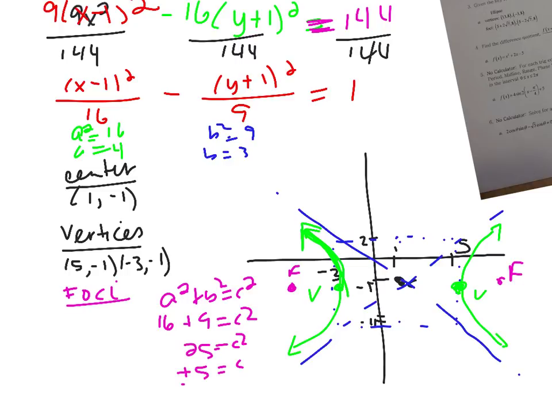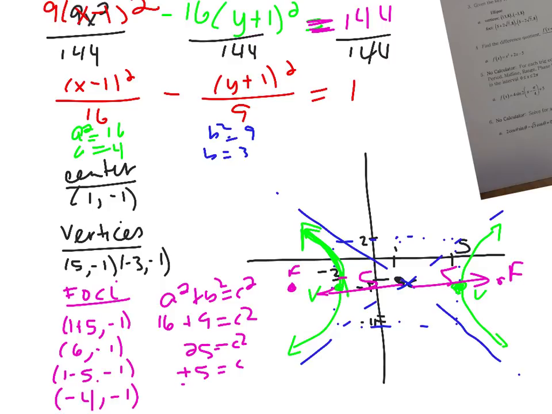So we're going to the right, 5 from the center, and to the left, 5 from the center. So we are changing the x. So you can actually find these foci because they are whole numbers. So we're going to do 1 plus 5, comma, negative 1. So that's (6, negative 1). And 1 minus 5, comma, negative 1. That's (negative 4, negative 1). So those are your foci here and here.